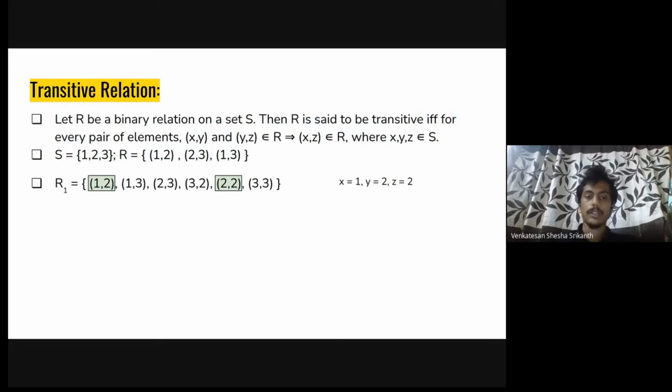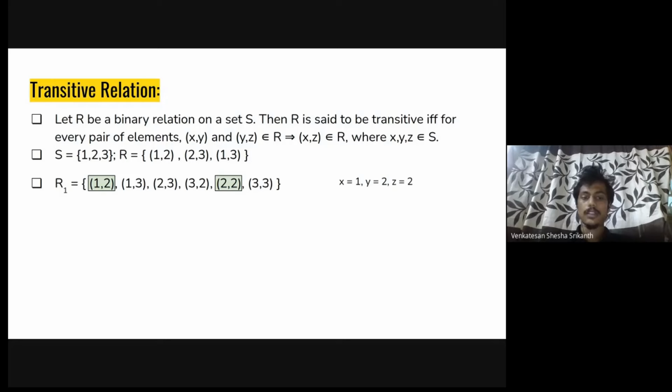Are there any elements which start with 3? Yes, there are two elements, 3, 2 and 3, 3. So with respect to 2, 3 and 3, 2, there should be 2, 2. But if you see, 2 comma 2 is in R1, so it is transitive. And for 2 comma 3 and 3 comma 3, we should have 2 comma 3 again as the third element.